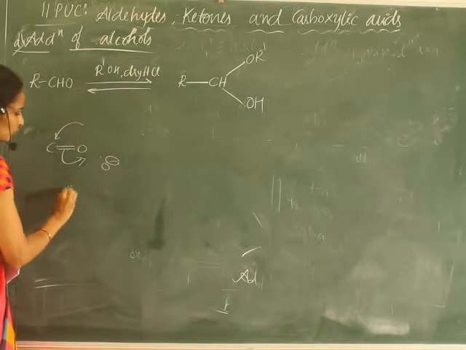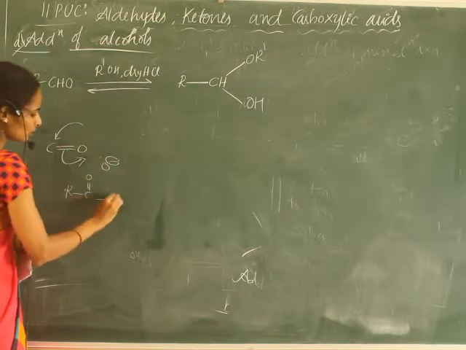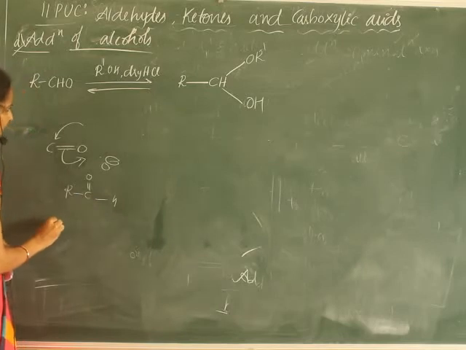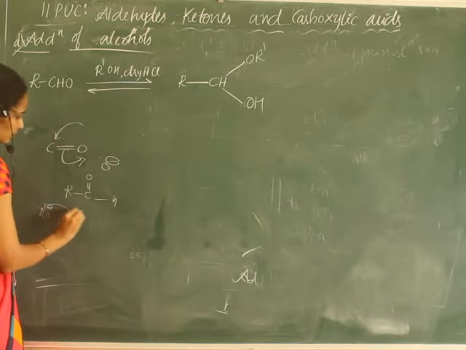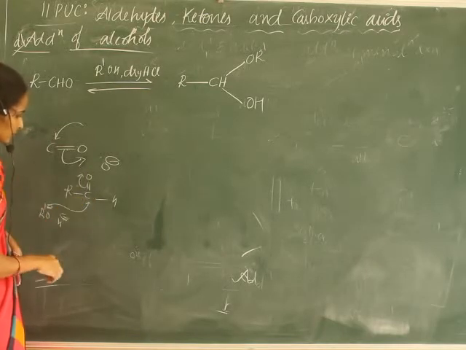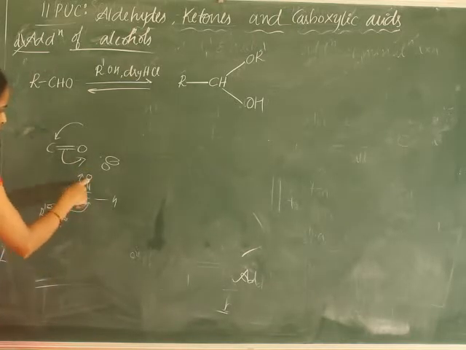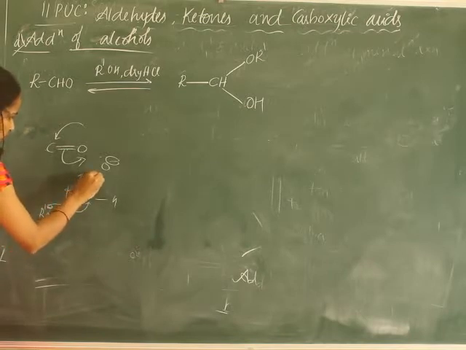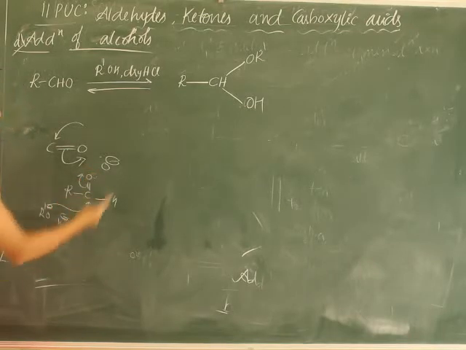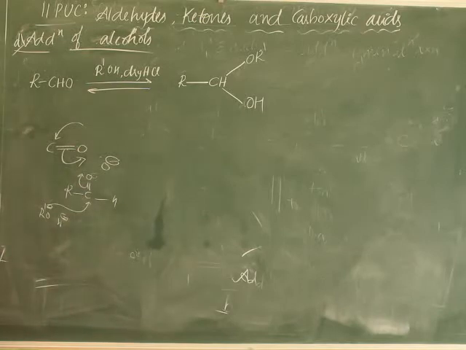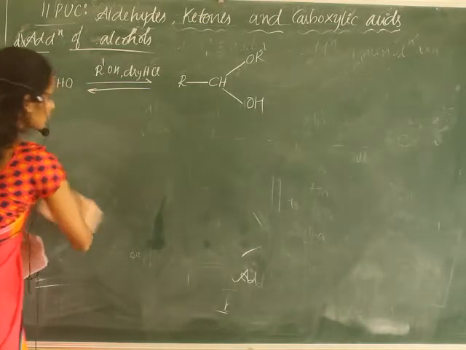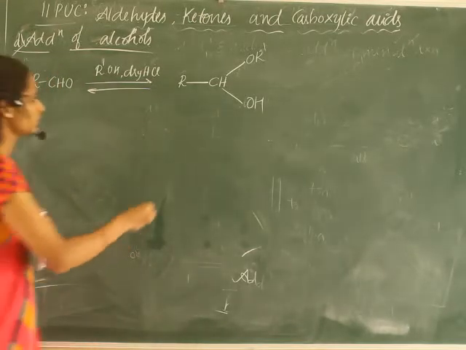Hope it is clear for you. RCHO, and here attack of R'O minus and H plus. The bond shifts like this, and it becomes RC(OR')O minus, and to O minus this H plus attacks, hence resulting in the formation of a hemiacetal, that is alkoxy alcohol.